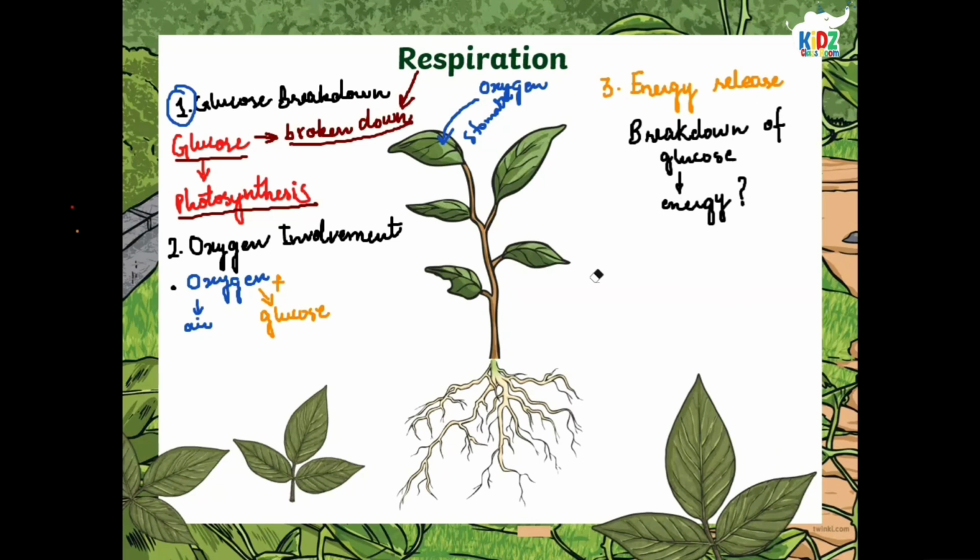The energy that the plant uses to grow and carry out various functions. And carbon dioxide and water are also produced as byproducts and released back into the atmosphere.